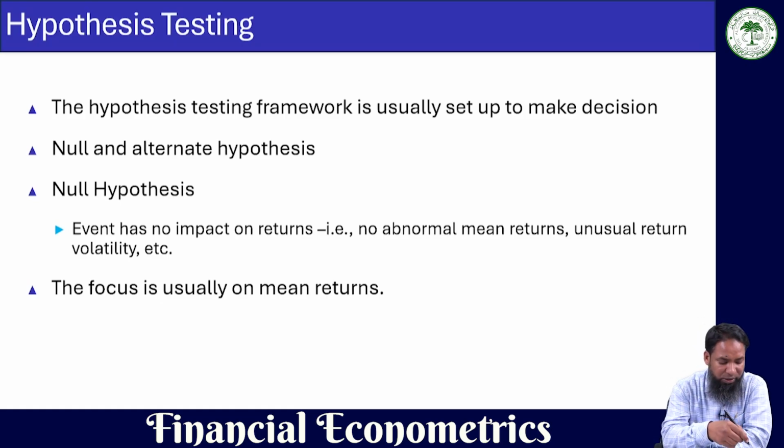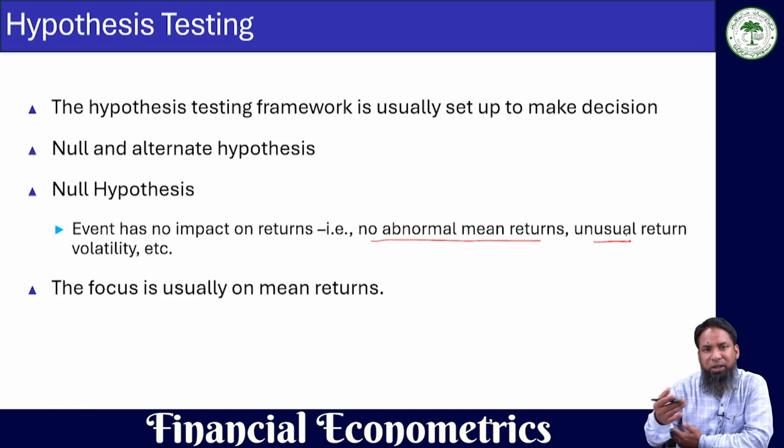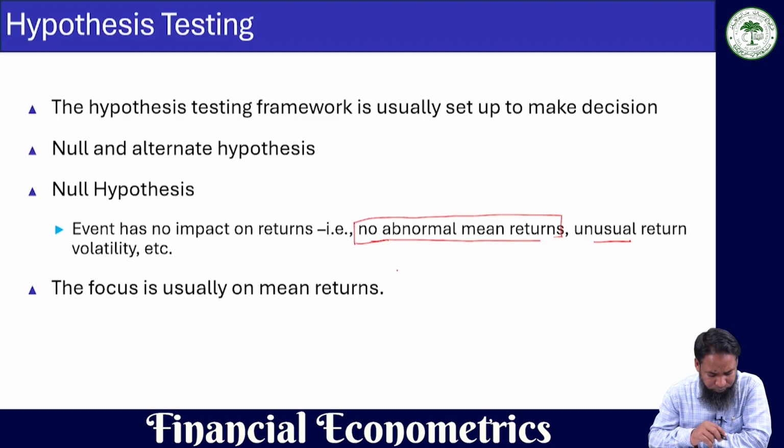Event has no impact on returns, which implies no abnormal mean returns or unusual return volatility, if we are concerned about the volatility. However, here we are concerned about the return, so we are basically concerned that there is no abnormal returns. That means the value of abnormal returns is equal to 0.